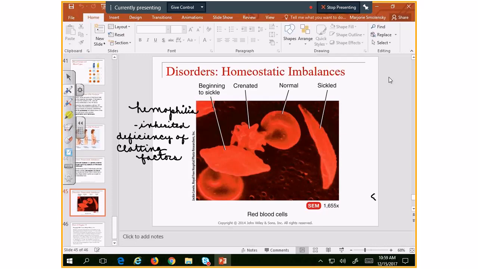Generally what happens is bleeding is going to be spontaneous or after minor traumas: nosebleeds, blood in urine, okay? There are a number of different hemophilias. Hemophilia A lacks factor 8, and we find that in males only.